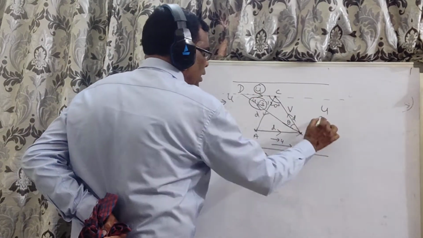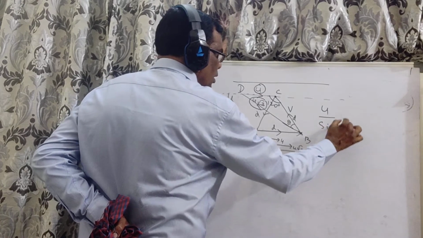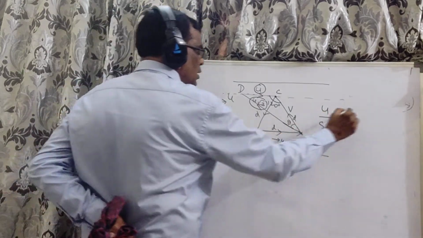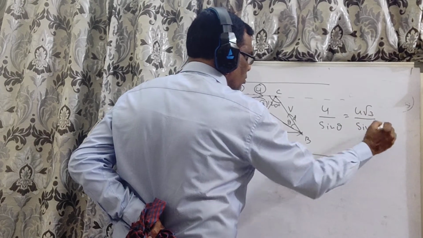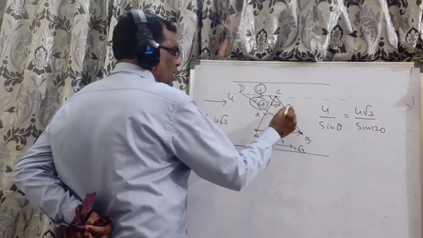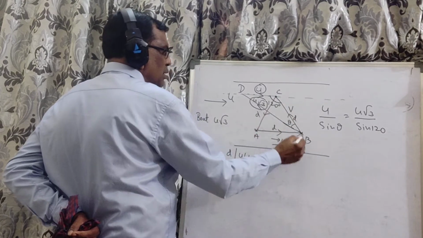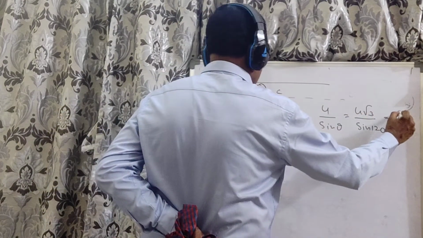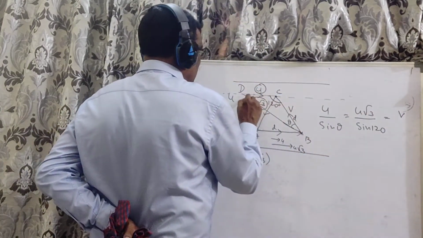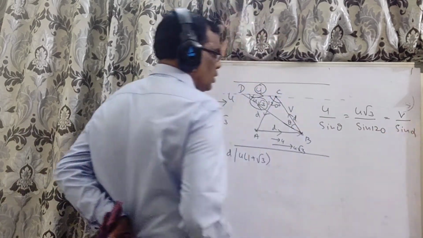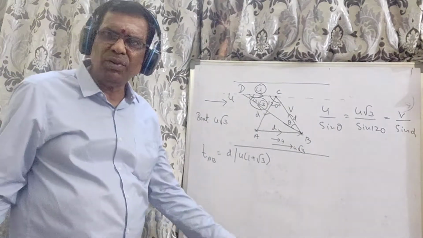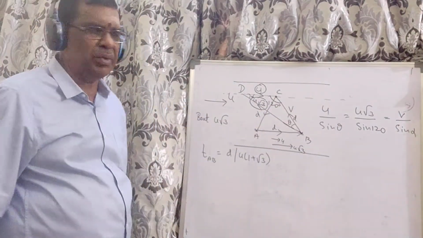U by sine theta. This is u root 3 by sine 120, and what is this? V by, say, sine alpha. Now I don't know V, I don't know alpha, but I have to get one and get the other automatically.